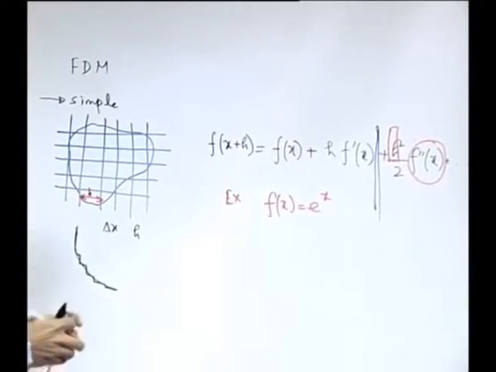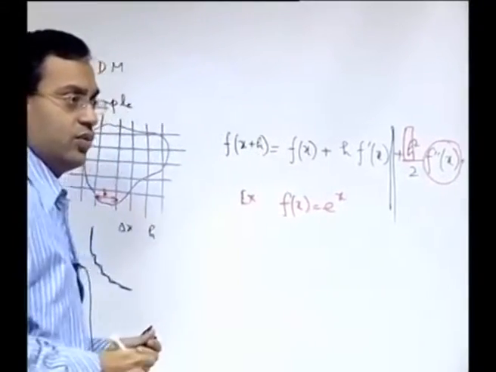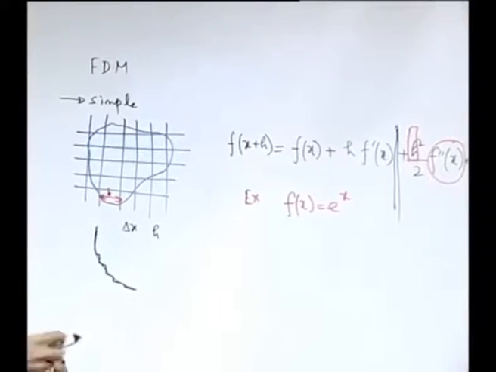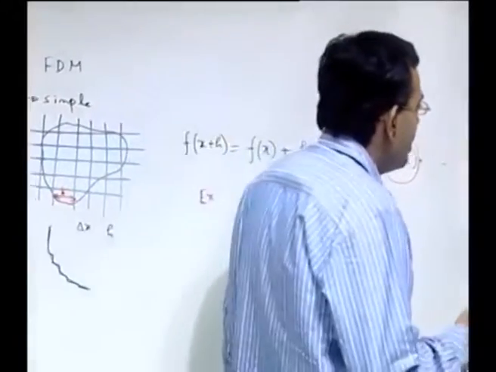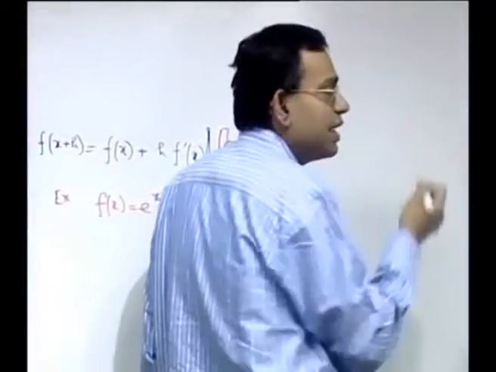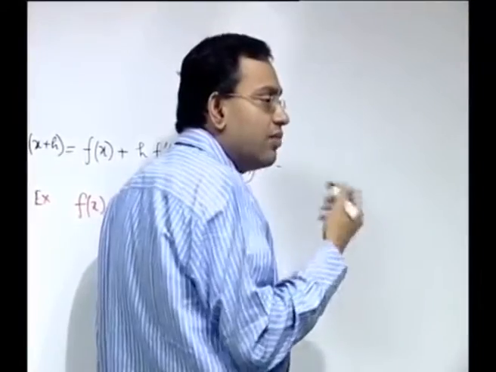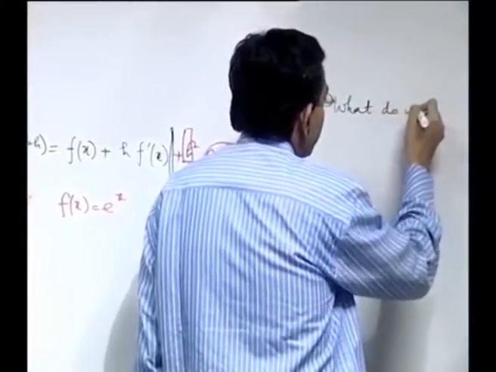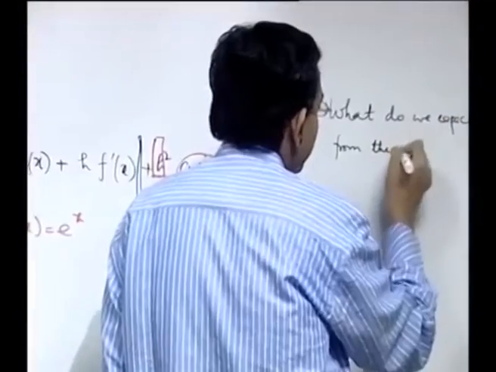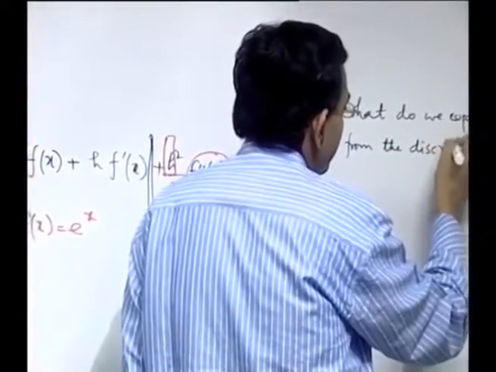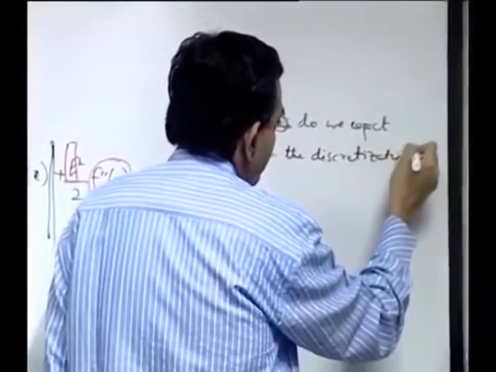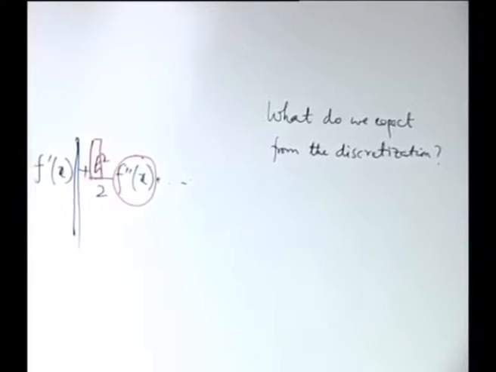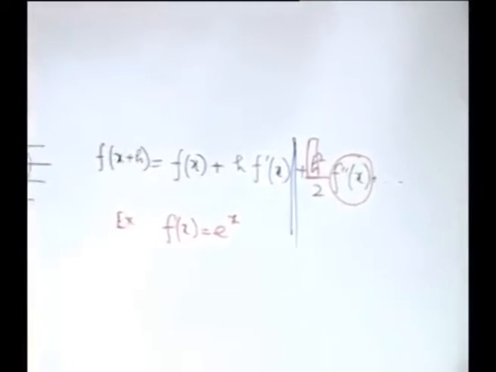Now these are not the only issues, we have to consider certain other issues also for the method, and to do that we will first consider what are the things that we expect out of a CFD discretization method. So what do we expect? It is important to assess the finite difference method in light of what we expect out of it.